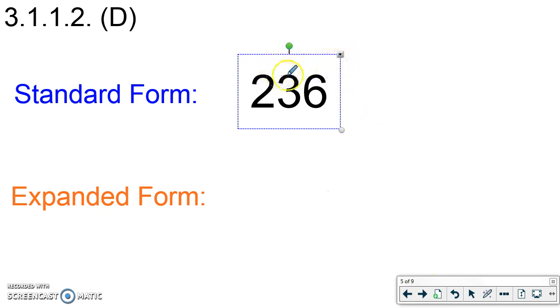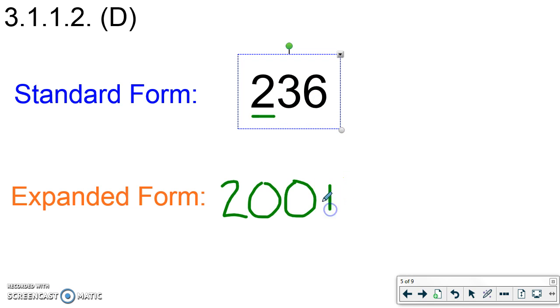Next, let's have 236. So now we're adding 3 digits to our number, and we're going to stretch it out. So we're going to have 3 numbers that we're adding together. The first digit here is a 2, 2 hundreds, it's in the hundreds place. So 200. Notice that when I'm working with the hundreds place, there's 2 digits after it, which means those digits have to change to zeros.